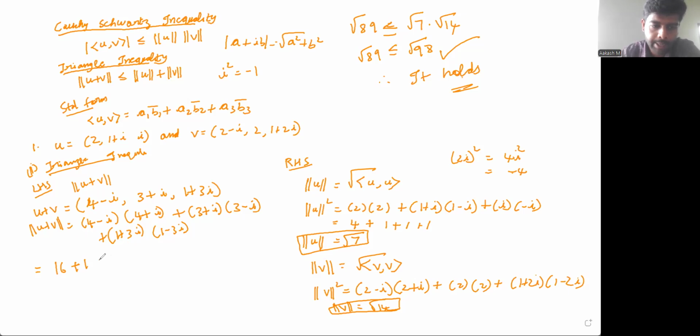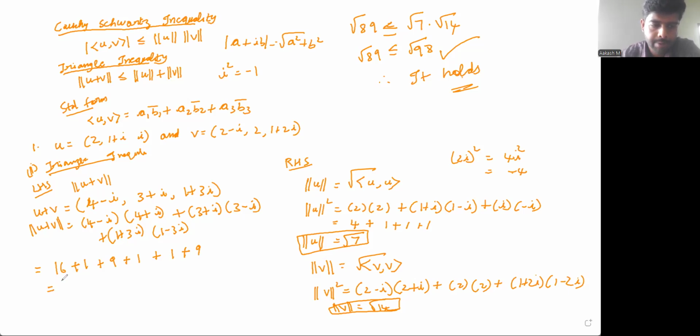Then again a square, 3 square, 9, minus i square. Substitute for i square minus 1, you will get plus 1. Plus again you find a square, 1 minus 3i the whole square. So you substitute for i square as minus 1, you will get 9i square, which gives plus 9.